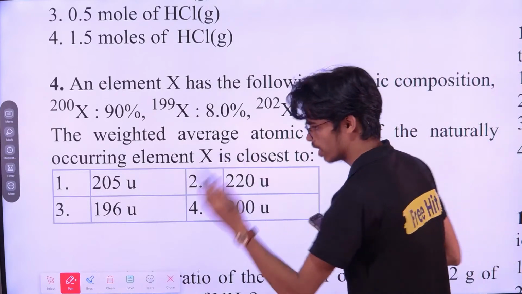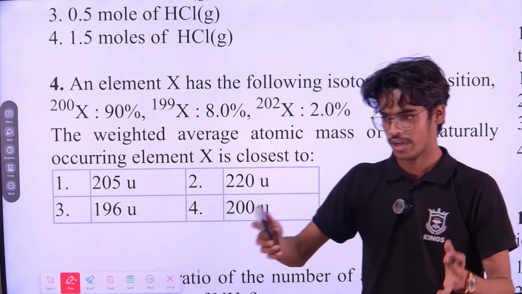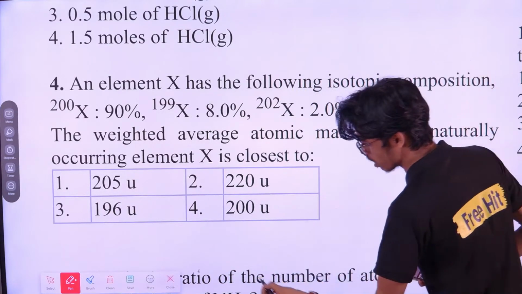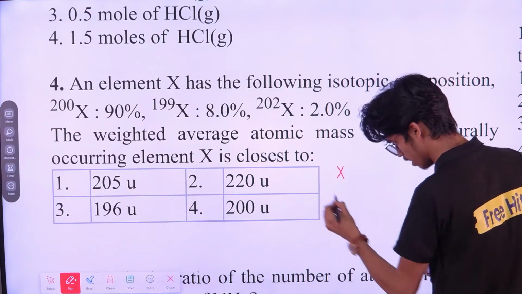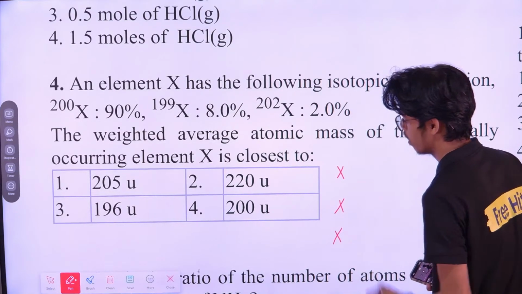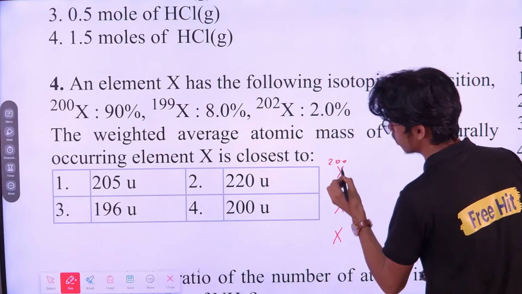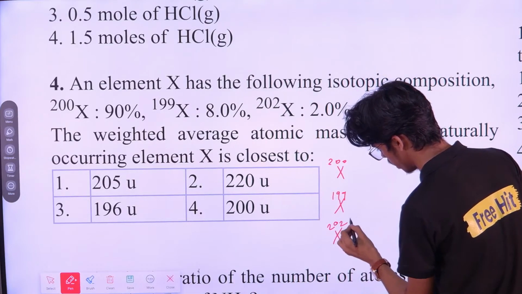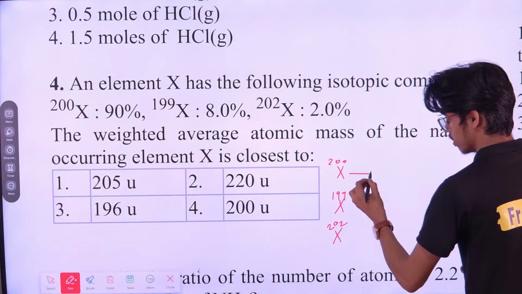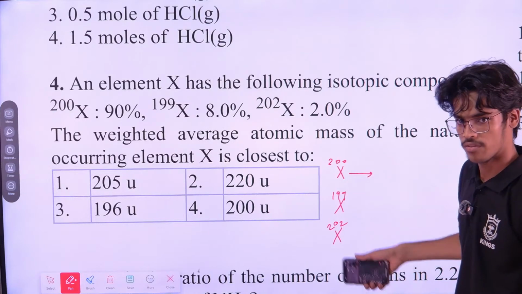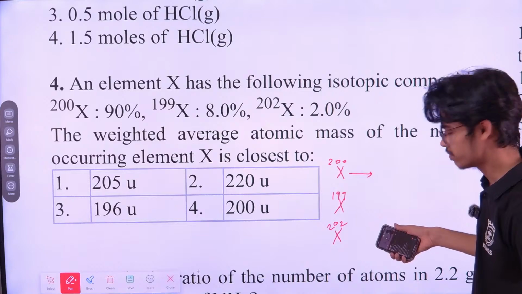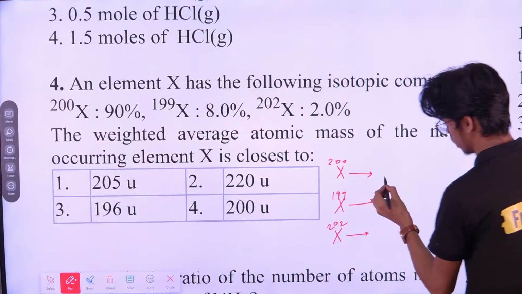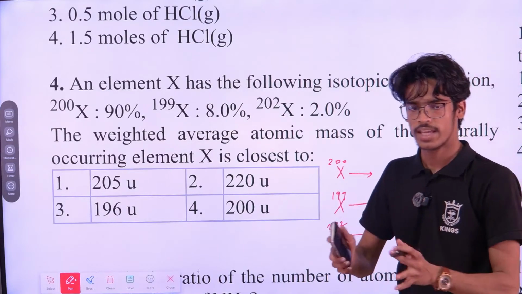Now, whenever you want to find a weighted average of different isotopic compounds of the same element, here is the same element and the same element. This element weighs 200, this element weighs 199, and this element weighs 202, right? The weighted average is going to depend upon their composition. This is 90%. I am going to write everything in ratio.